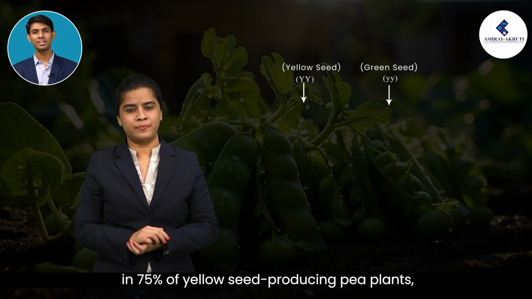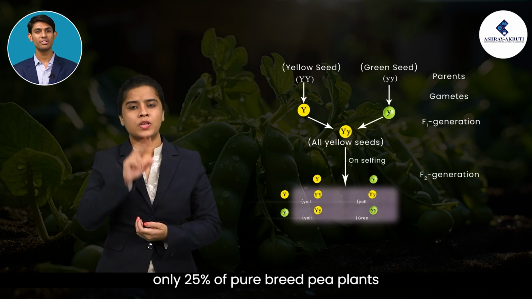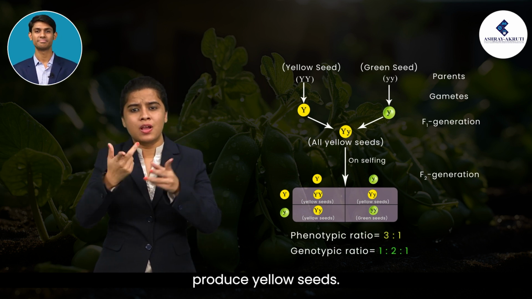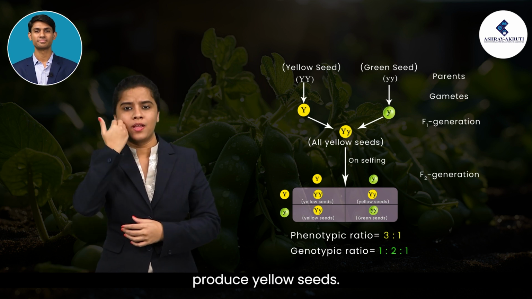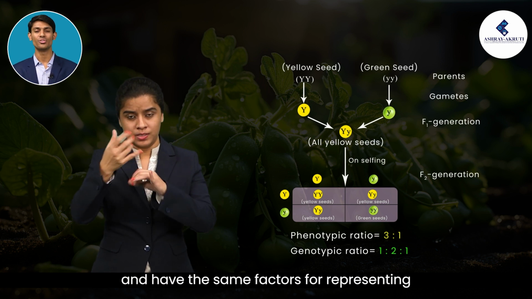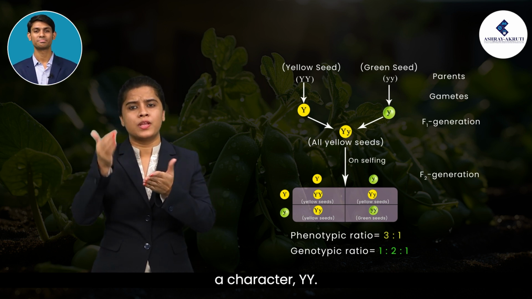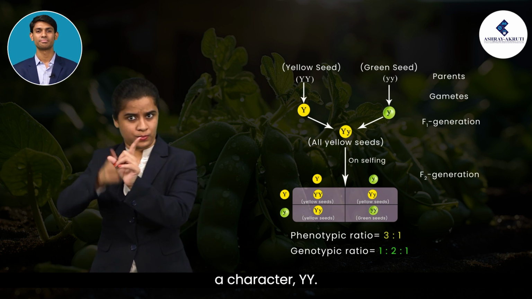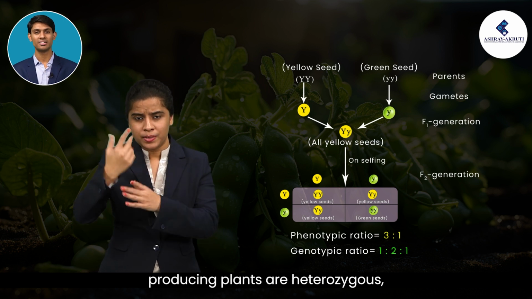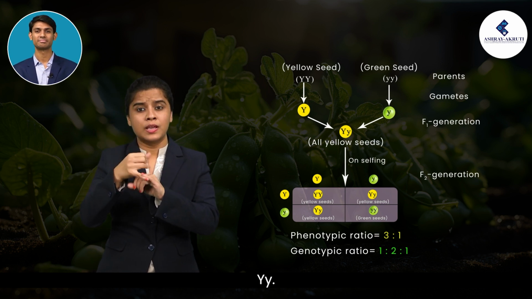Genetically, in 75% of yellow seed producing pea plants, only 25% of pure breed pea plants produce yellow seeds. These are homozygous and have the same factors for representing a character, capital Y, capital Y. The remaining 50% yellow seed producing plants are heterozygous, capital Y, small y.